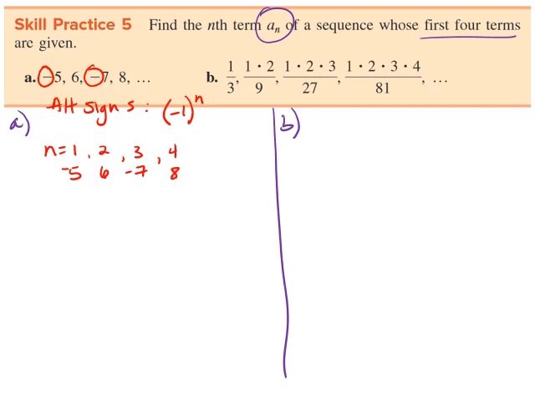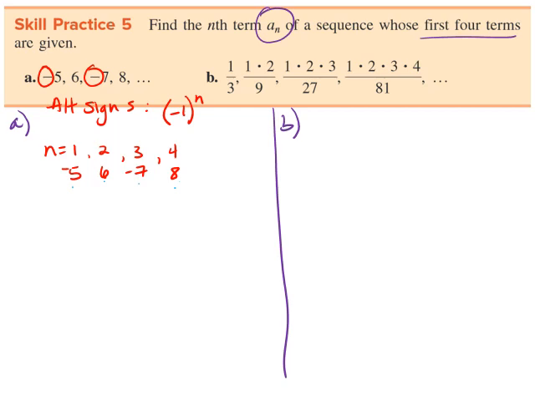So just ignore the signs for a moment and notice what happens to get each term. Now, if you ignore the signs, you'll see that we have 5, 6, 7, 8.